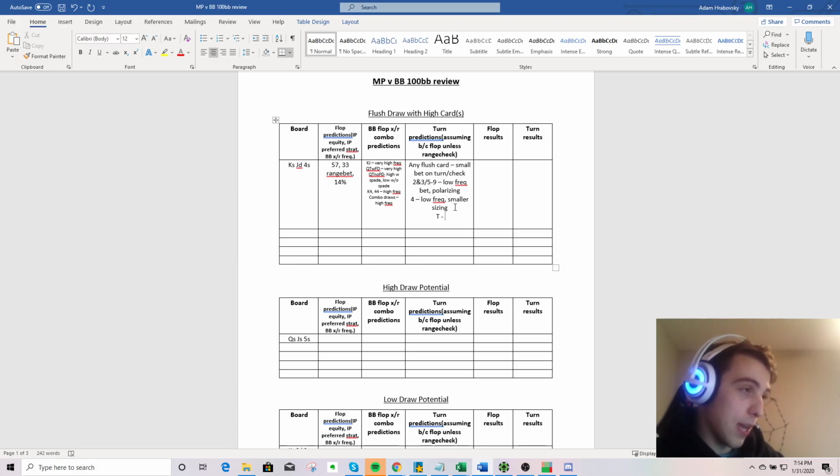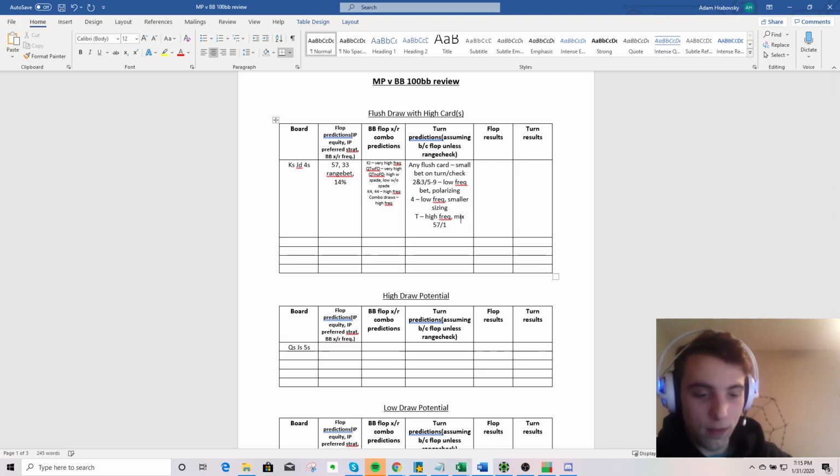It definitely is a high equity card for imposition here, so it's sure it's going to be high frequency. High frequency betting and mixing the sizings. This is a mix between 75 and 150.